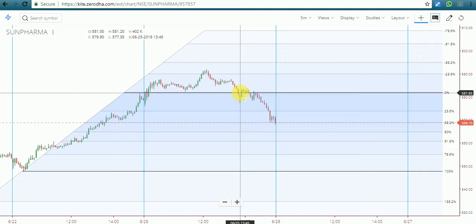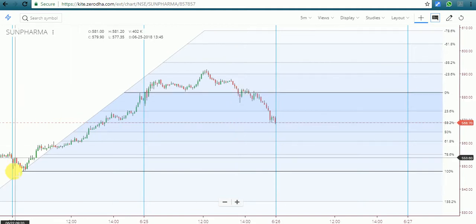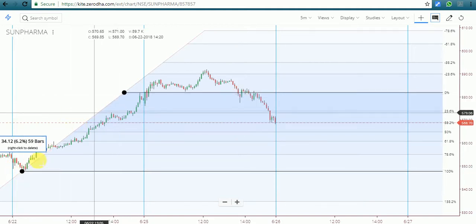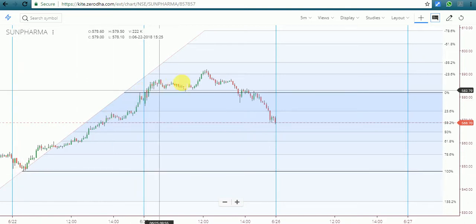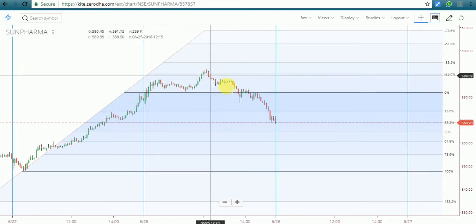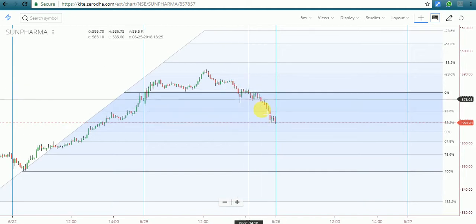But why I draw from a previous day is to see the correction level. Here it gave a correction nicely, then fell up to this level, 38 point.